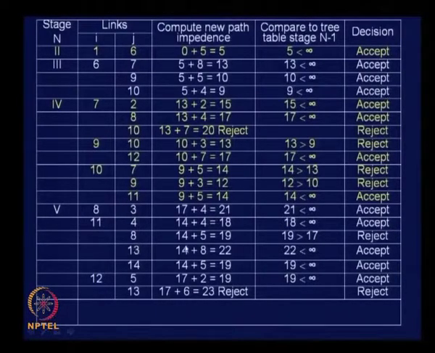Then 11 to 8, 14 plus 5, 19, but 19 is more than 17, because we have shown earlier that we can reach 8 with the cumulative travel time of 17, is not it. It is here, we can reach out to 8 with a cumulative time of 17 minutes. So, we reject it. Then 11 to 13, 14 plus 8, 22, 22 is less than infinity.